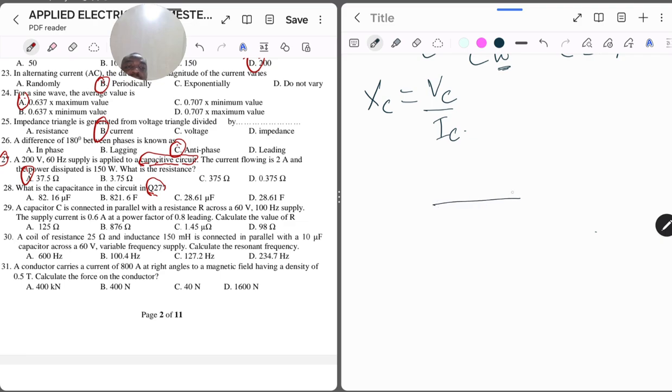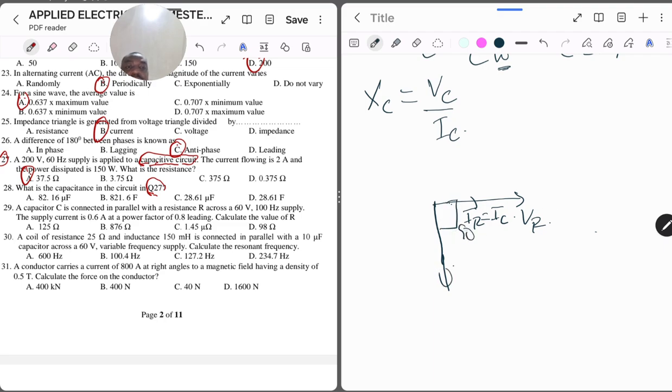So here you have your current IR, and your voltage VR is going to be in phase with it. This is also the same as IC because they are in series. Now the voltage across the capacitor is going to lag the current IC by 90 degrees.